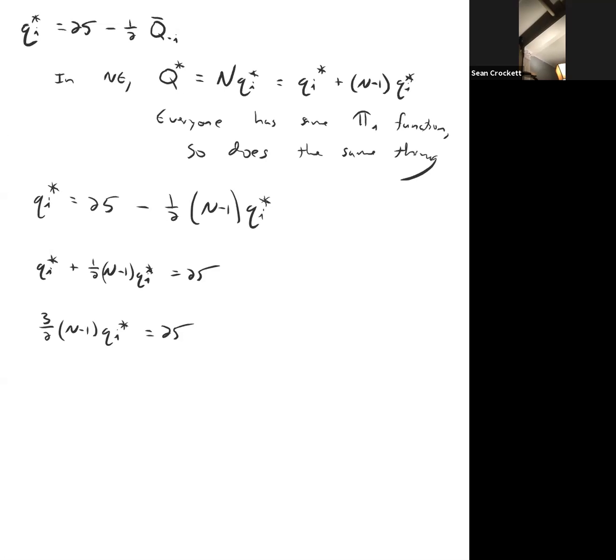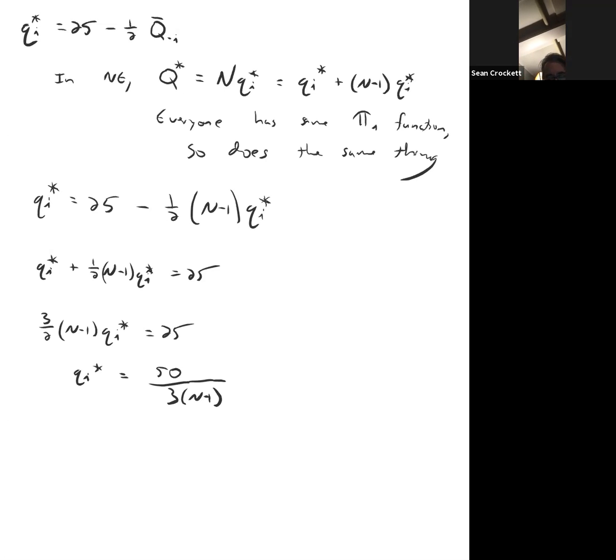Yep. And so qi star is equal to 50/3 times n minus 1.